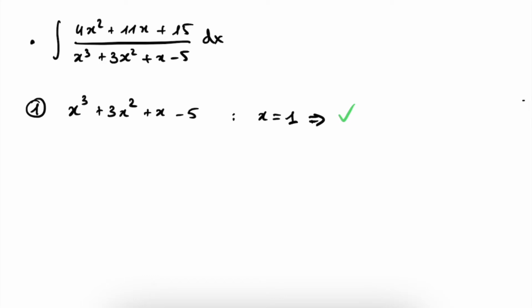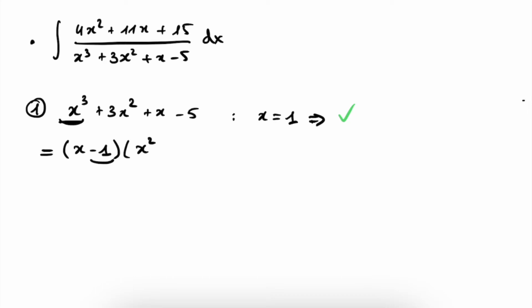Having found this first zero point, we can rewrite our third order polynomial as a product of x minus 1, since 1 is a zero point of our polynomial, and a second degree polynomial. Now, what will this second degree polynomial be? Well, we can simply find this out in the following way. We know that we have 1 times x³ in our original polynomial. This means that in front of the x² of our new second order polynomial will also be 1, because we'll get x times x², which is indeed x³.